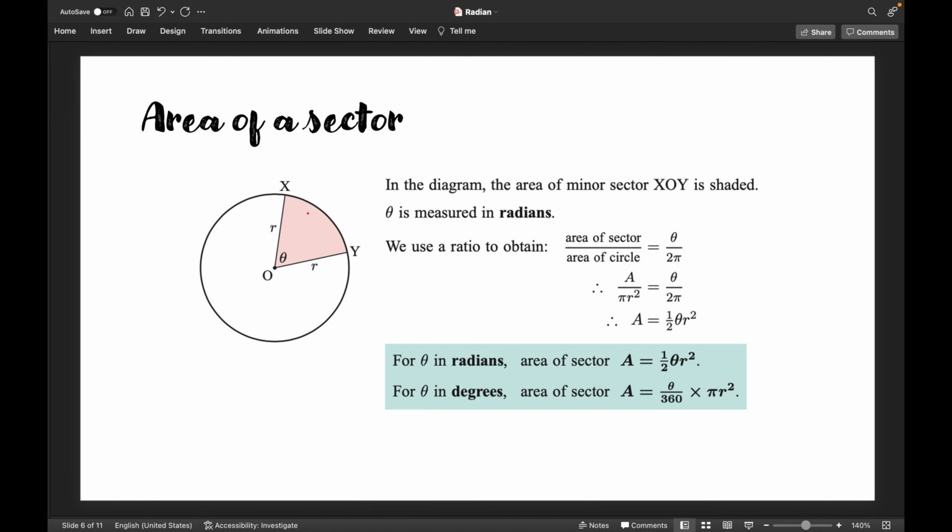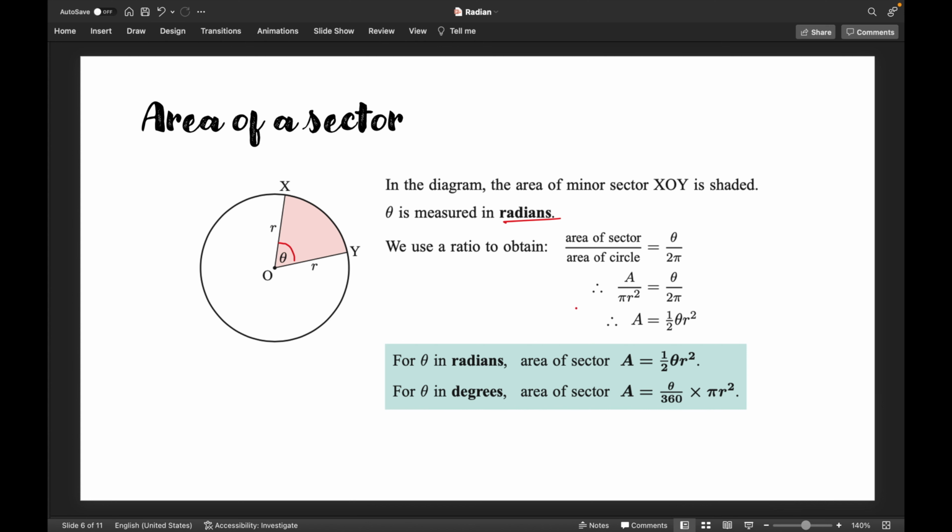Now let's move on to the area of the sector. In the diagram, the area of the minor sector XOY is shaded, and we know that the angle is measured in radians. When we use a similar ratio, the area of the sector divided by the area of the circle will be theta by 2 pi.